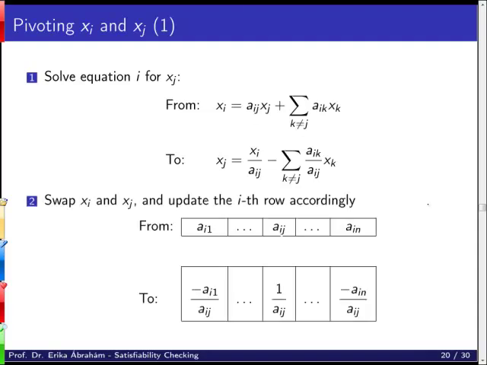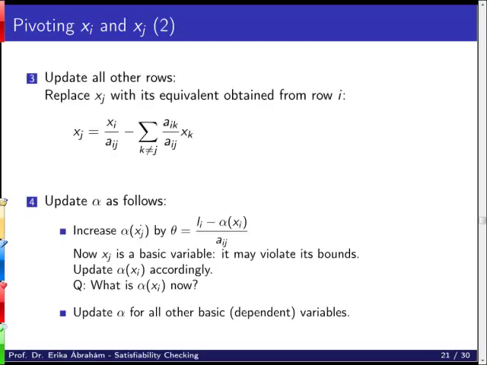That means this was the row describing the first equation, and I changed the row to the second equation. But now, here on the left-hand side, I had xi, and here I had xj. Now, if I reformulate this problem, then this equation corresponds to xj equals the sum where here I have xi. That means the both are changed in the new equation. And this is the pivoting step.